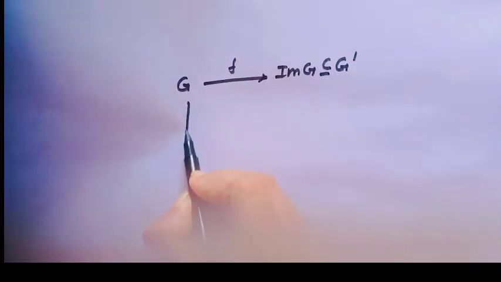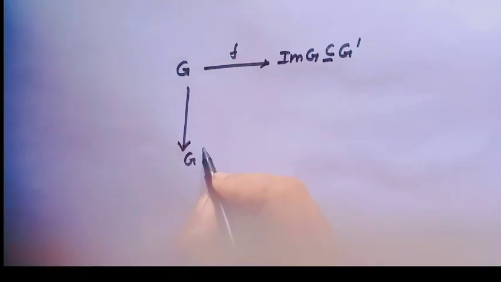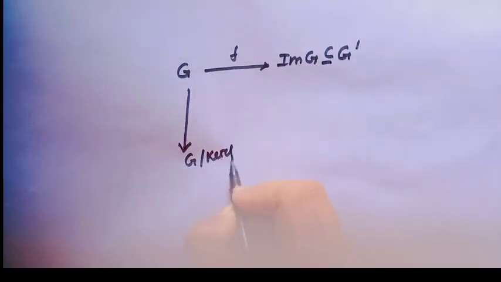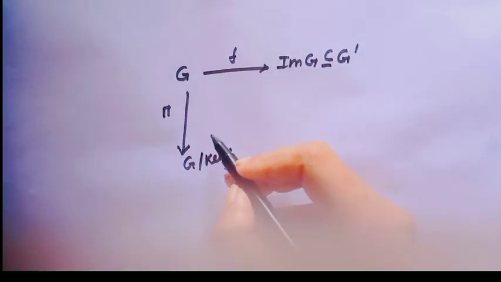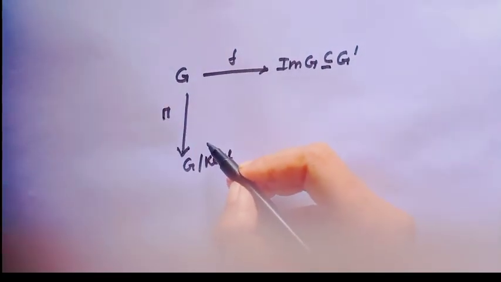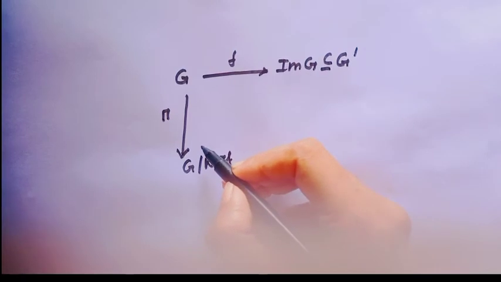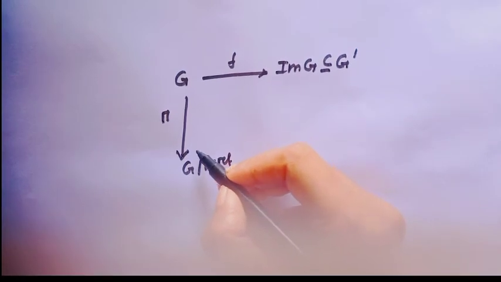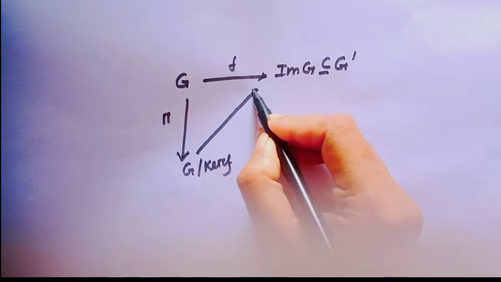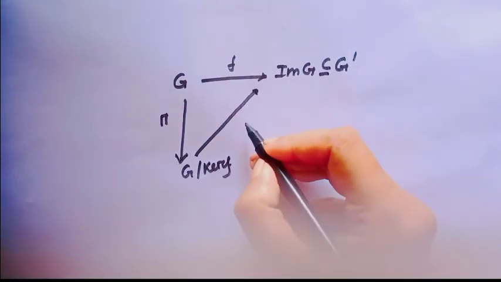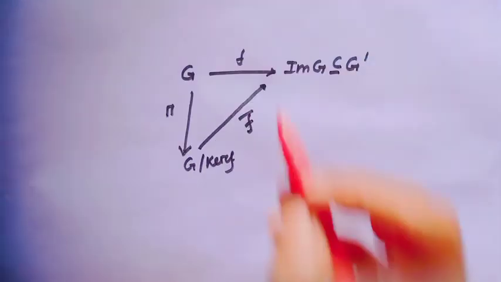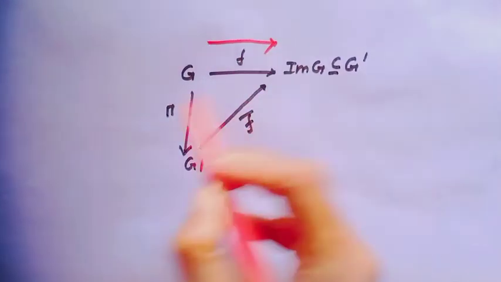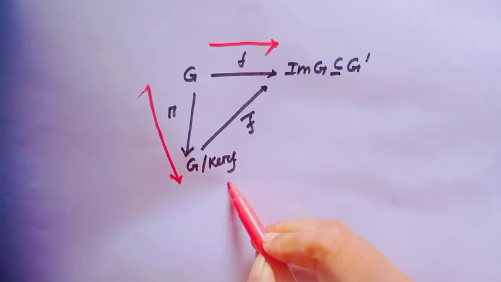Then there exists a projection from G to G mod kernel of f, denoted as pi. Then we can define a unique isomorphism from G mod kernel of f to the image of G, denoted as f bar. And we can go either this way or this way.